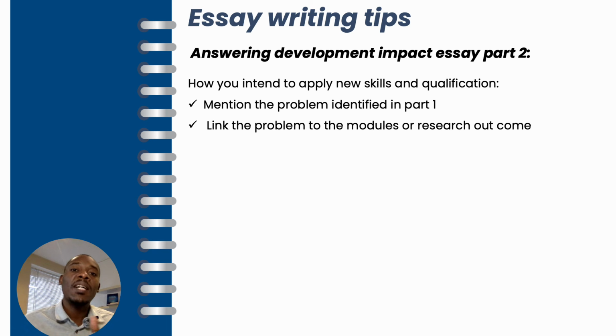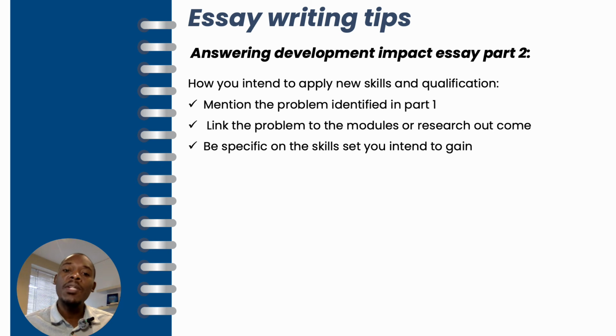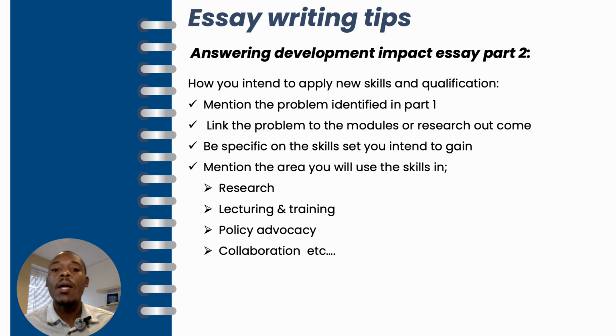What are the modules that are related to helping you solve the problem? What research do you want to do that is going to help you solve the problem? And then be specific on the skills. So here now you are pinpointing on the new skills and the qualifications on how they will be able to help you contribute to solving that problem. So you need to mention the areas in which you are going to apply those skills.